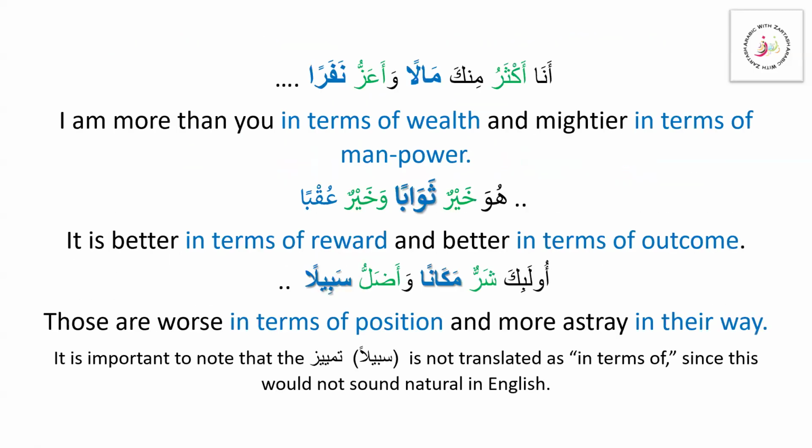Here we see this singular, common, and coming after the vague word. Here in this case, it's ism tafdeel, and also this is mansoob. All the ism tafdeel are highlighted green, and this tamyiz is highlighted blue.